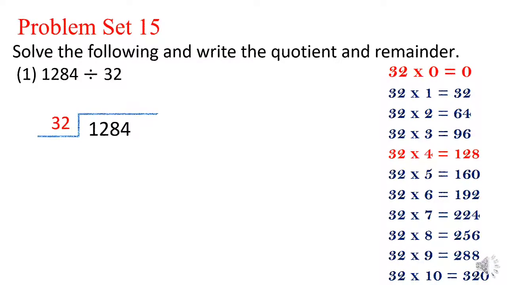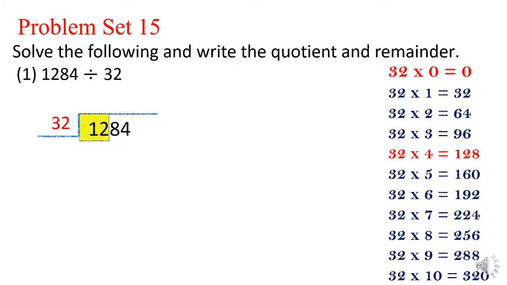Step number 1 is to compare the digits. We compare the leftmost digit in thousands place in the dividend, that is 1, with the divisor 32. As 1 is smaller than 32, we compare the digit at hundreds place.